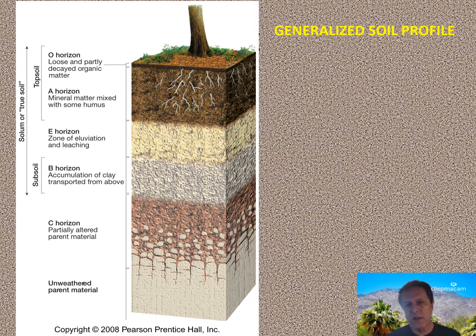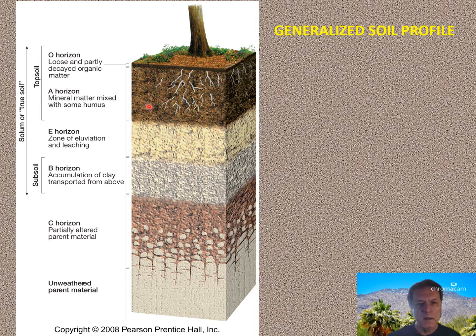Now let's switch our thinking to looking at it from the top to the bottom. The very top layer of a very well-developed soil profile is called the O horizon. O for organic. So it contains loose and partly decayed organic matter, such as leaves, twigs, roots, pieces of dead organisms, snail shells, and so forth.